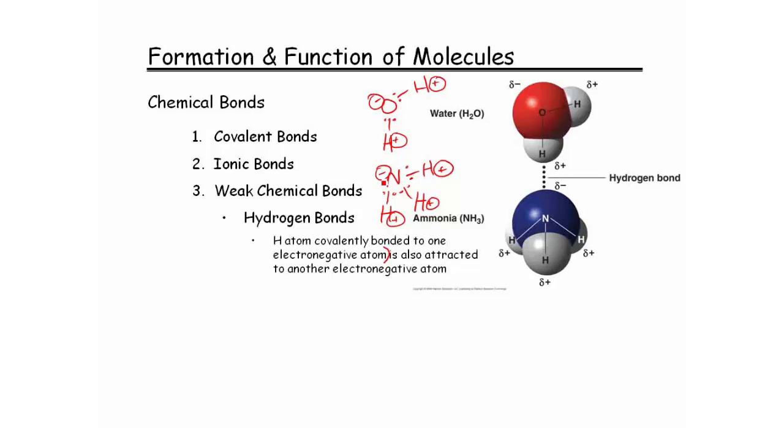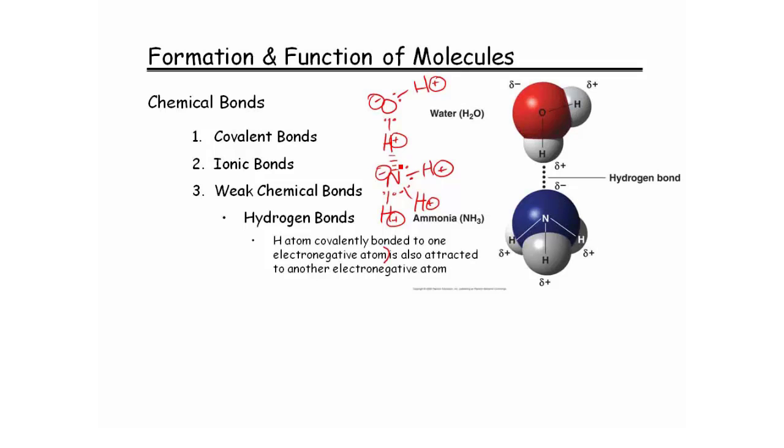Now, if these molecules happen to be close enough together, this hydrogen that's a little bit positive will be attracted to this nitrogen that's a little bit negative. So that's the second part. So if we have a hydrogen atom covalently bonded to one electronegative atom, it's going to be a little bit positive and it will be attracted to another electronegative atom. So we have that example right there.